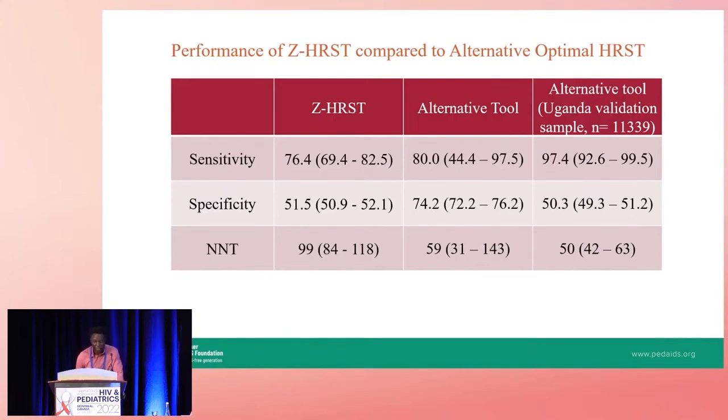This shows the comparison of the diagnostic measures, sensitivity and specificity, between the Zimbabwe HIV risk screening tool and the alternative optimal tool that we developed. And we can see that the alternative tool performs better in all diagnostic measures.